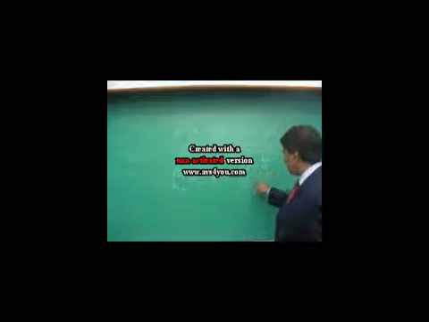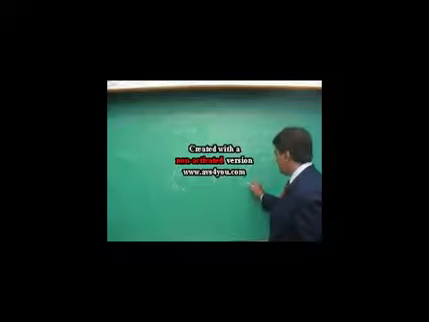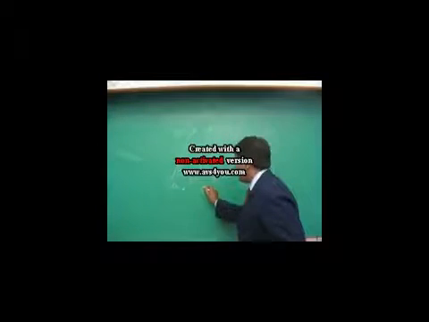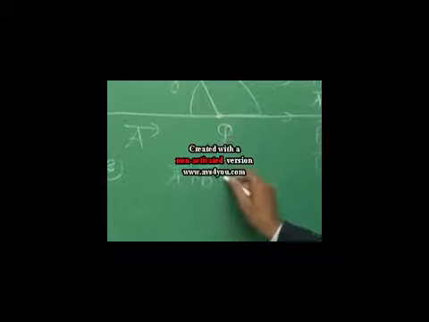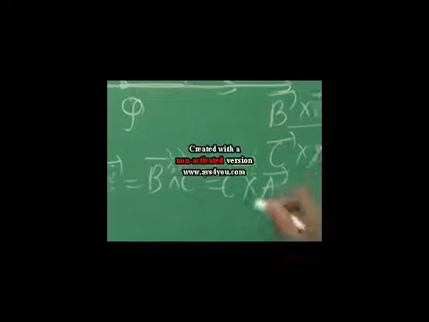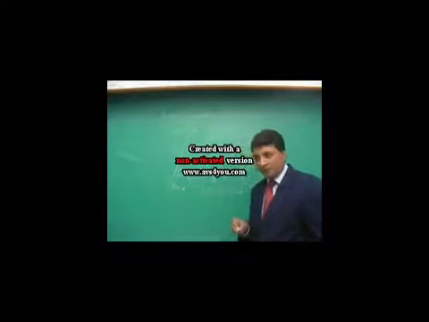So from this we find A cross B equals B cross C equals C cross A. You know the property of the sine product.